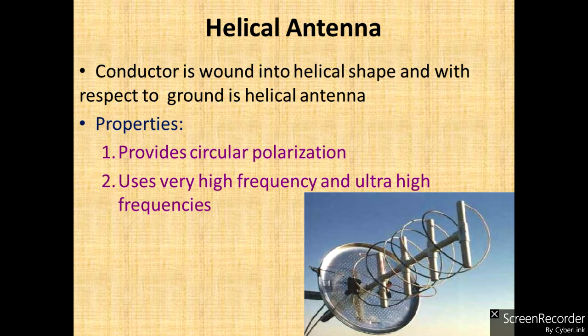by the helical antenna. Now, the property of this helical antenna is such that it provides circular polarization. So, it is very good from the application point of view, right? This circular polarization is due to the fact that the shape of the antenna is circular.